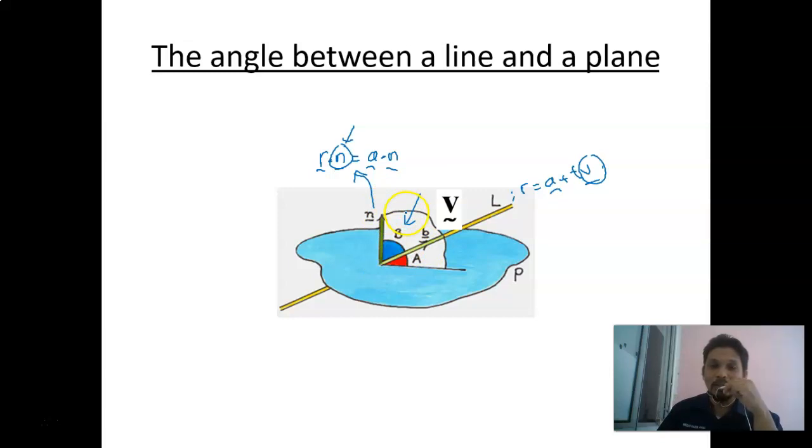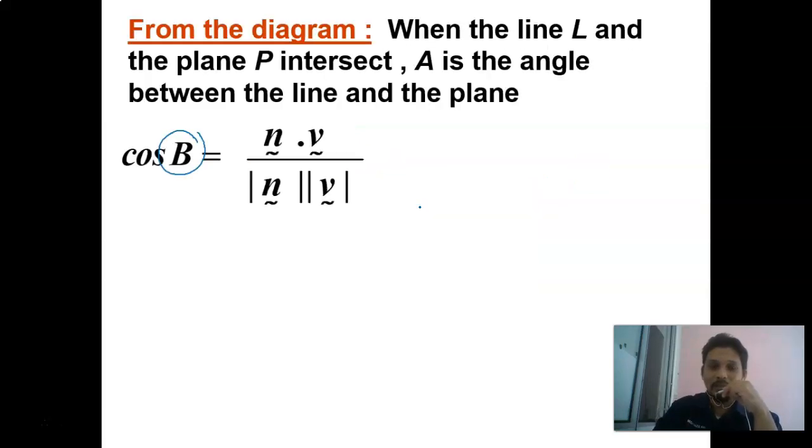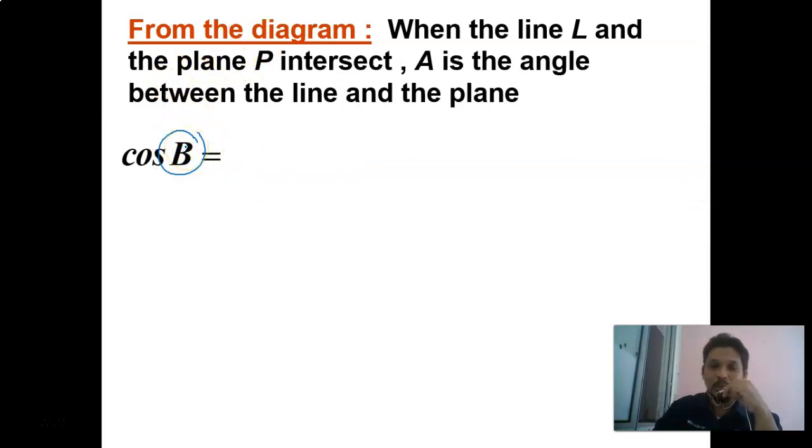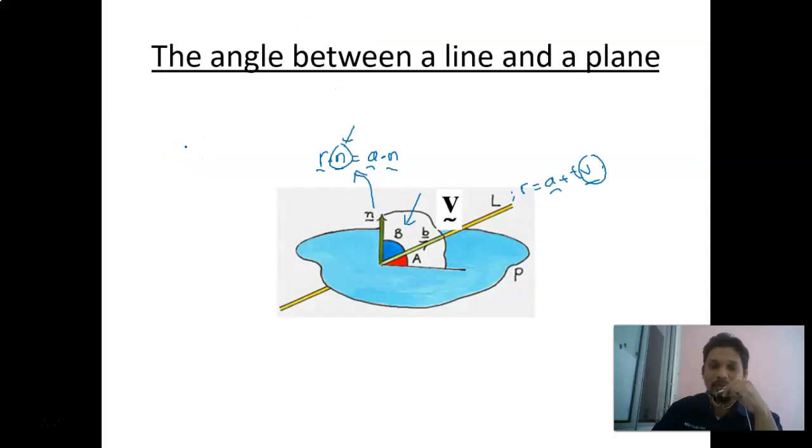From our recall of the formula given here, it gives you the angle between the vector of the line, the v of the line, and the normal.